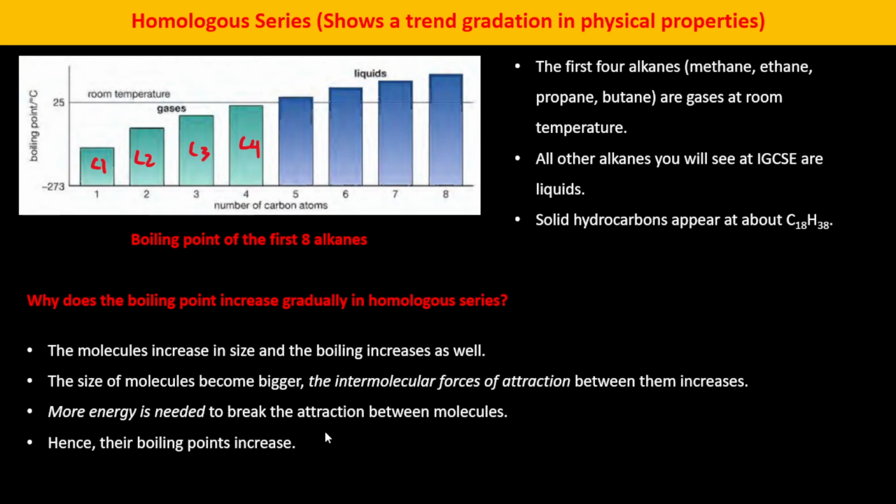Now, why does the boiling point increase gradually in a homologous series? It's because the molecules increase in size. If you think about it, this is going to be your methane molecule, okay? This is your methane molecule, and this will be your ethane molecule. So obviously, your ethane molecule is going to be larger than your methane molecule, okay?